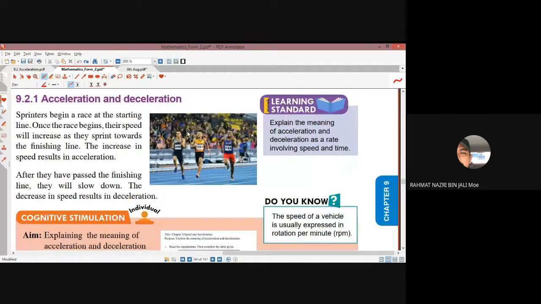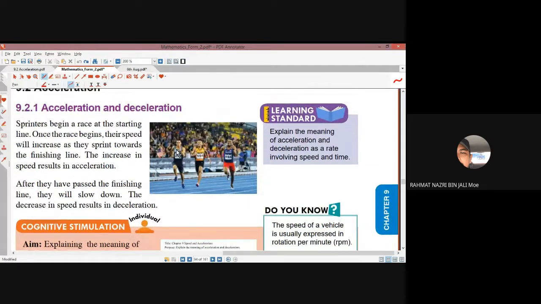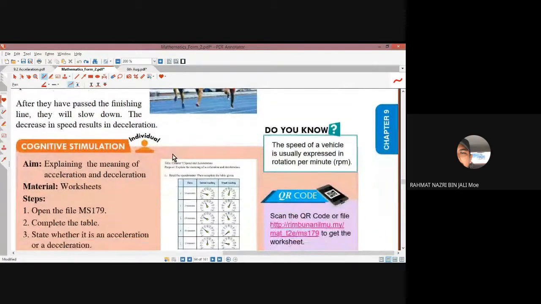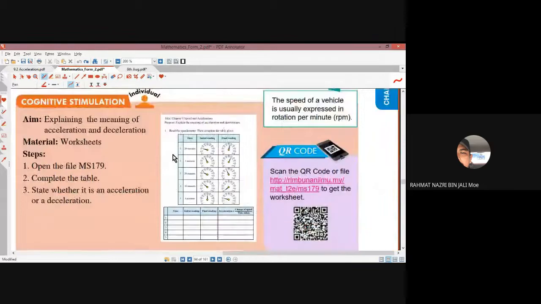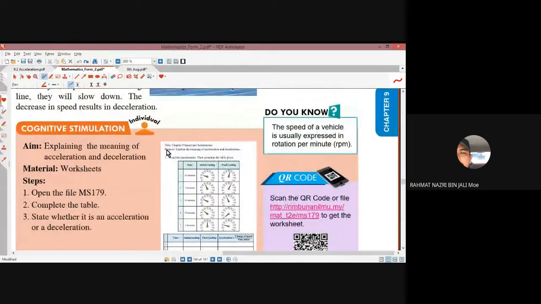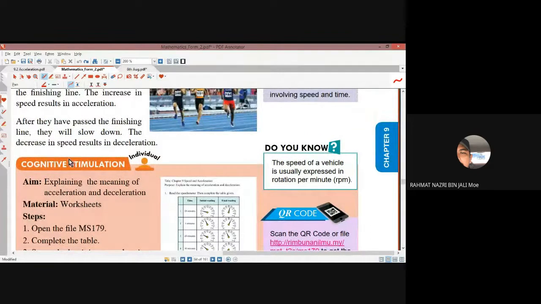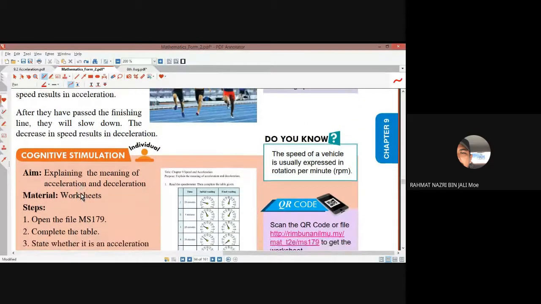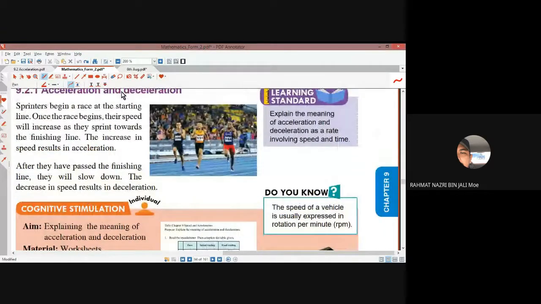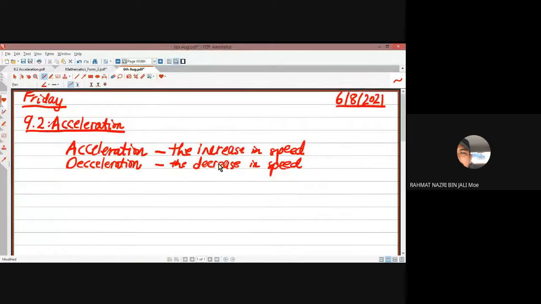So we're gonna find out the cognitive simulation, which is we try to understand the meaning of acceleration and deceleration. So I'm gonna share the Kami.